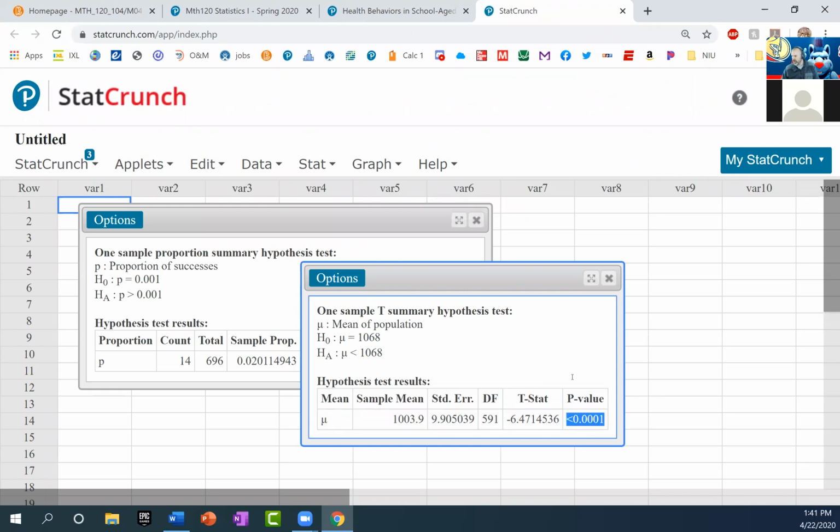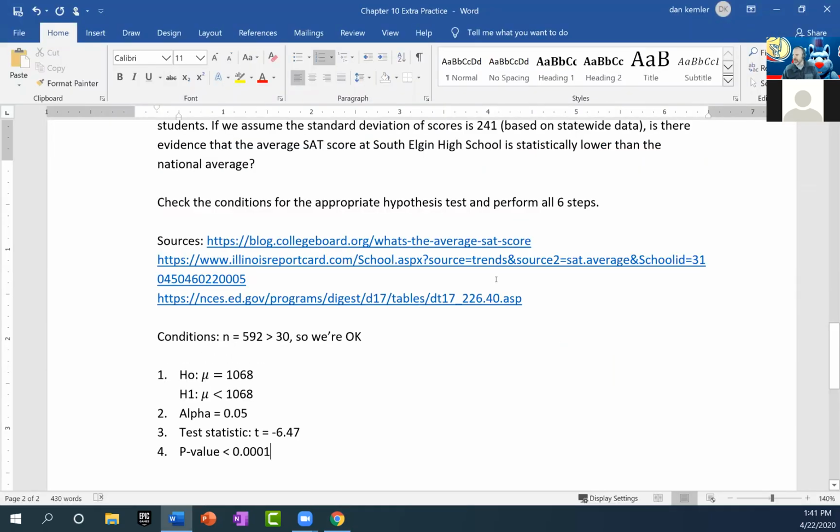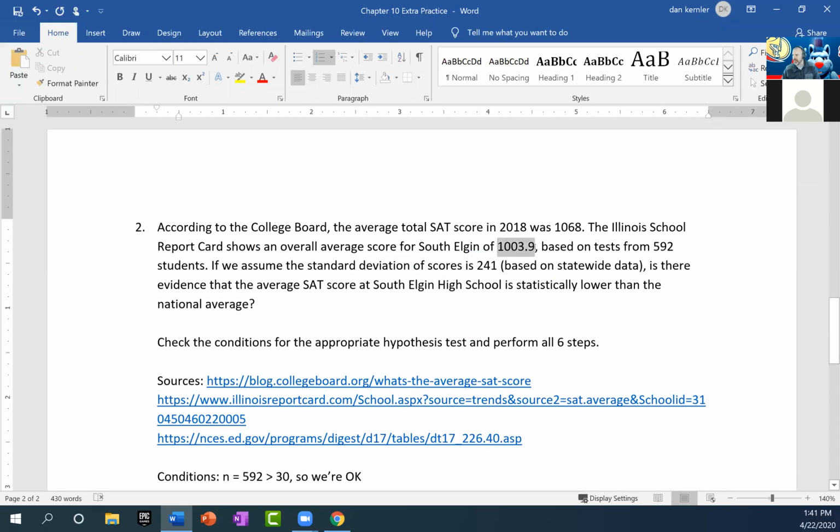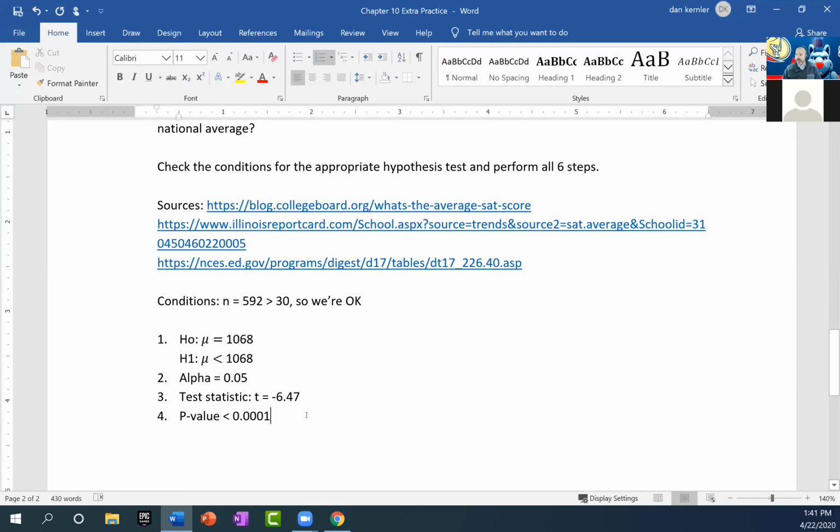Again, very small p-value. And you can see here, it seems like the mean was not that much less, 1,003.9 versus 1,068. But this is a sample of 592 students. That's a pretty big difference when it's a sample of 592 students. So their mean is statistically significantly less.